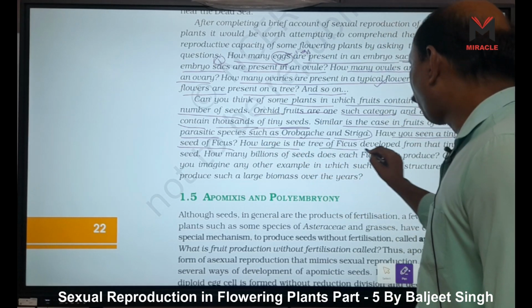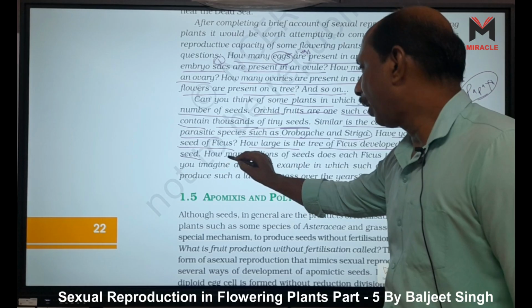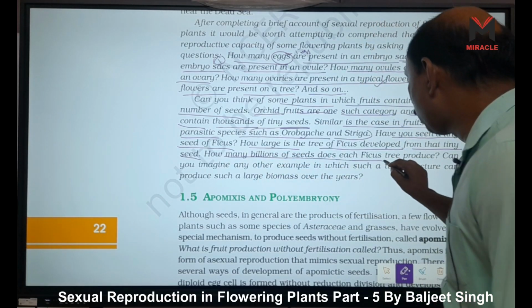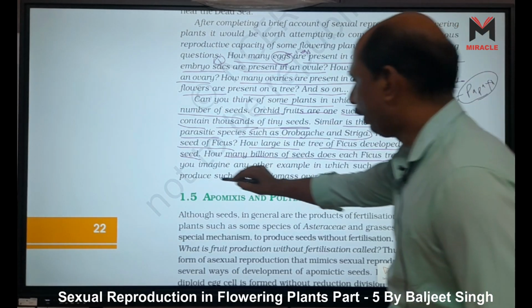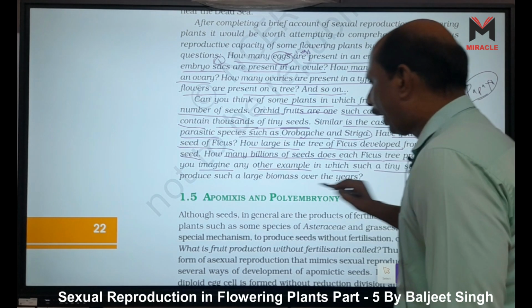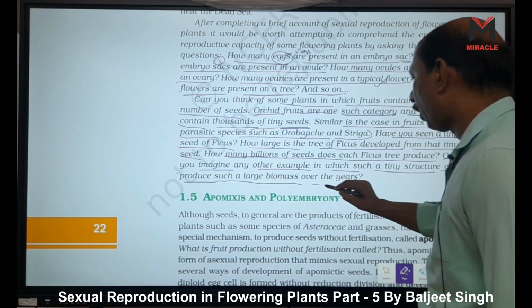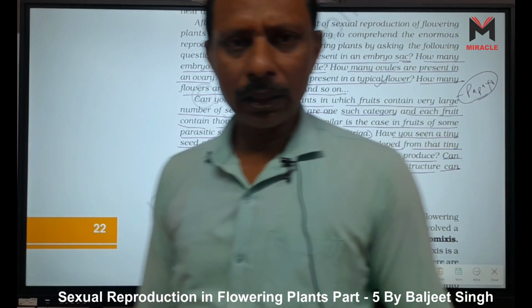How large the tree of ficus develops from the tiny seeds? How many billions of seeds does each ficus tree produce? Many, right? Can you imagine any other examples in which such a teeny structure can produce such a large biomass over the years? Our answer is also yes.